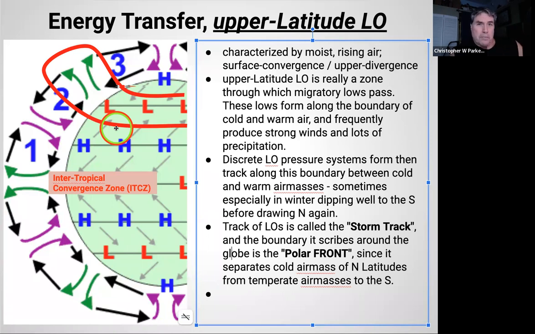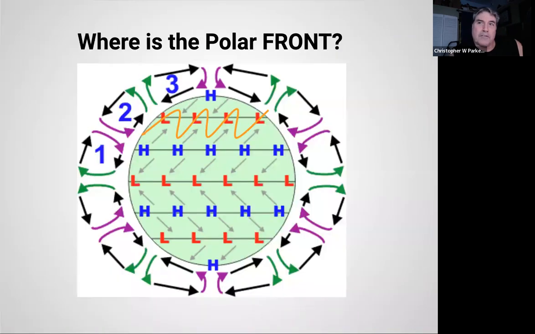So we'll get into a little more detailed discussion about that in a moment. So where is the polar front? Well, the polar front is right along those areas of low pressure, and it kind of zigzags north and south as each low pressure system passes. The low passes and the polar front dips south. Ahead of the next low, it lifts north as a warm front.